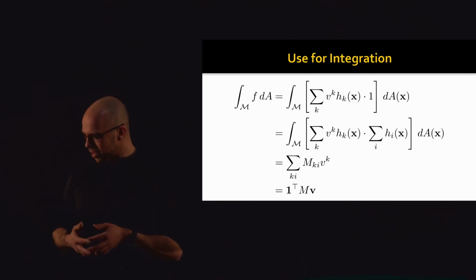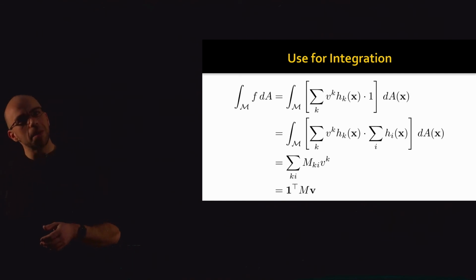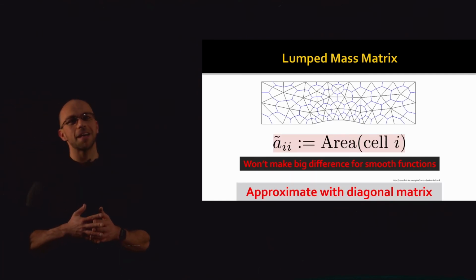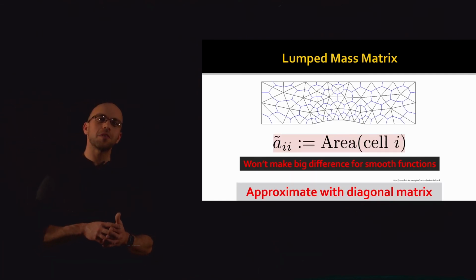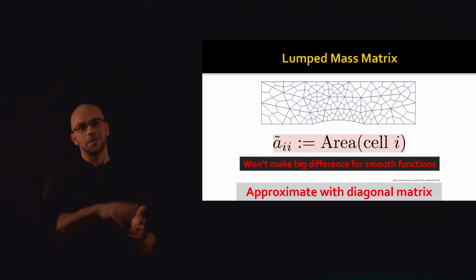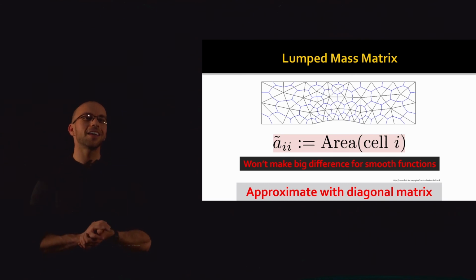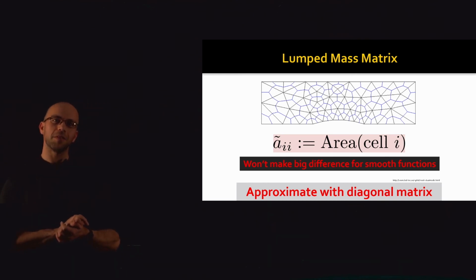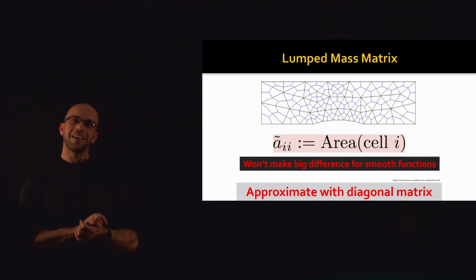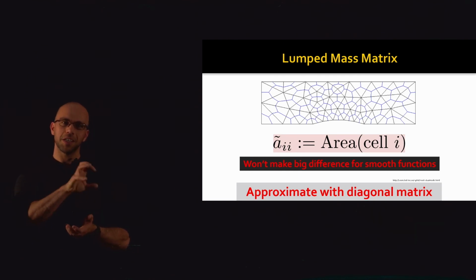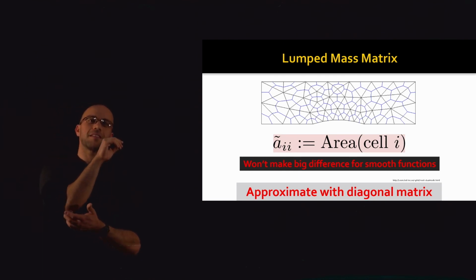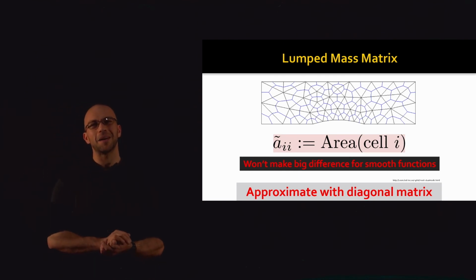So one common approximation is something called the lumped mass matrix, where instead of using that off-diagonal formula I showed you before, we use a matrix whose diagonal elements are like the areas of little cells that we've used to partition up the surface, where each cell is associated to one vertex of the mesh. This is the dual mesh, and it's something that'll come up again and again in our discussion here.